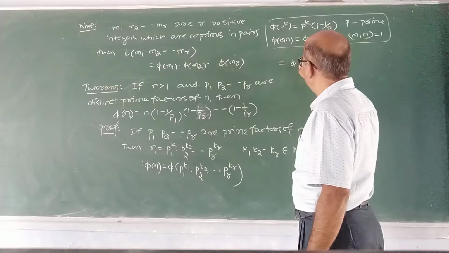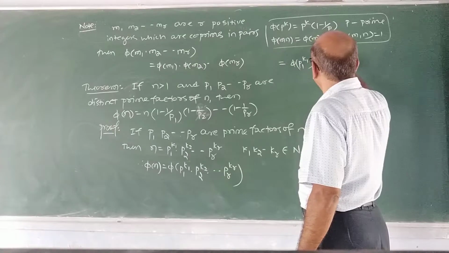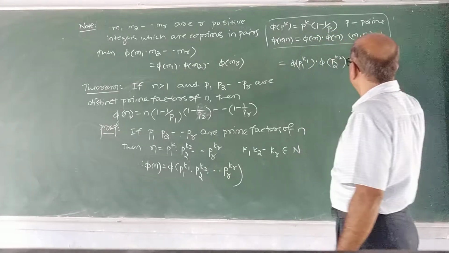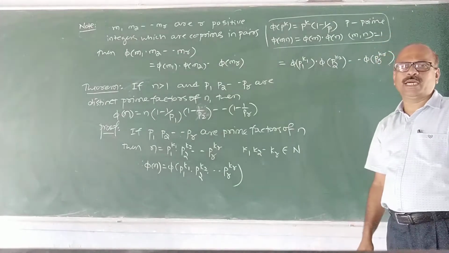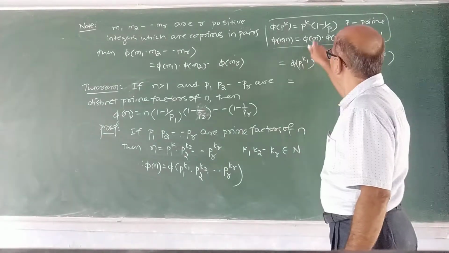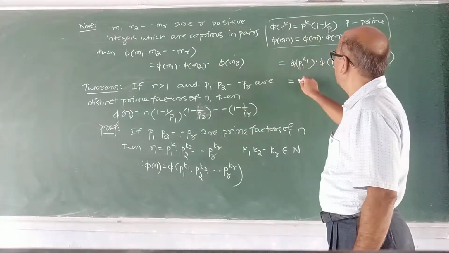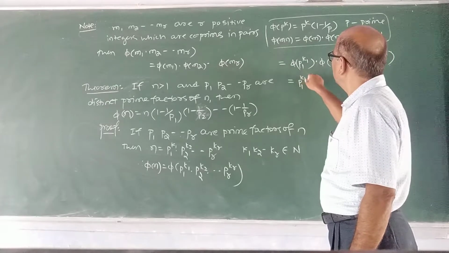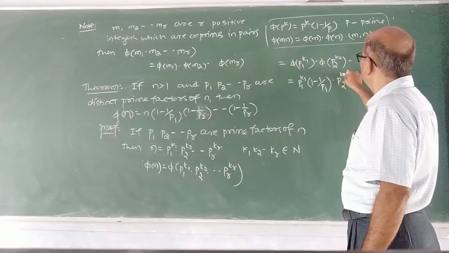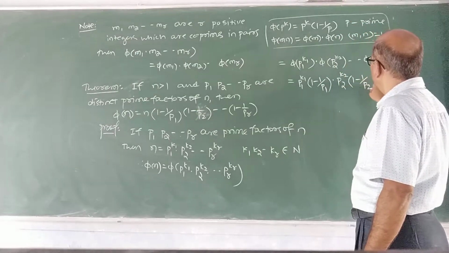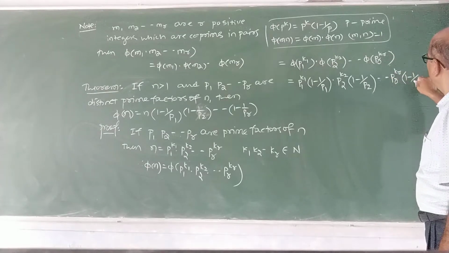It becomes phi of p1 raised to k1 into phi of p2 raised to k2, etc., into phi of pr raised to kr. But what is phi of p1 raised to k1? Again using this result, phi of p raised to k, it is p1 raised to k1 into 1 minus 1 upon p1, p2 raised to k2 into 1 minus 1 upon p2, etc., Pr raised to kr into 1 minus 1 upon pr.